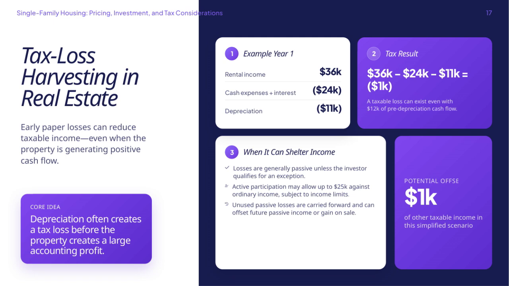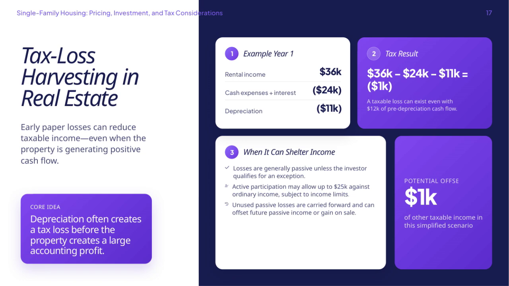For example, if you actively participate in managing the property, you might be able to use up to $25,000 of those losses against ordinary income, although this depends on your income level. If you can't use all your passive losses in one year, they don't disappear. They carry forward to offset future passive income or gains when you eventually sell the property.